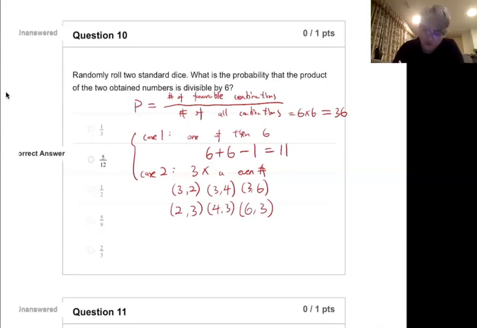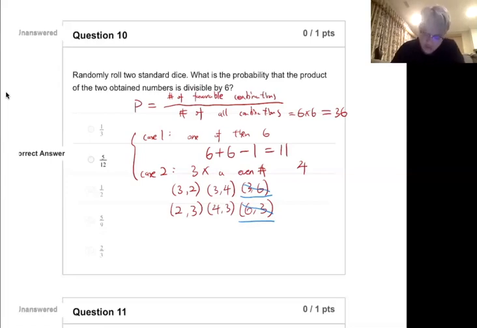But also notice that some of the cases are repeated, because 3, 6 is repeated in case 1, and 6, 3 is also repeated in case 1, so we don't need to count them. And case 2 would then have 4 combinations.